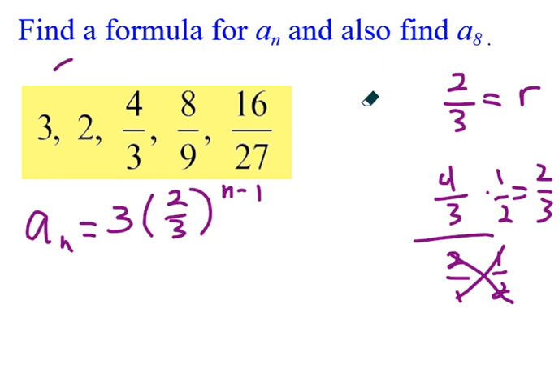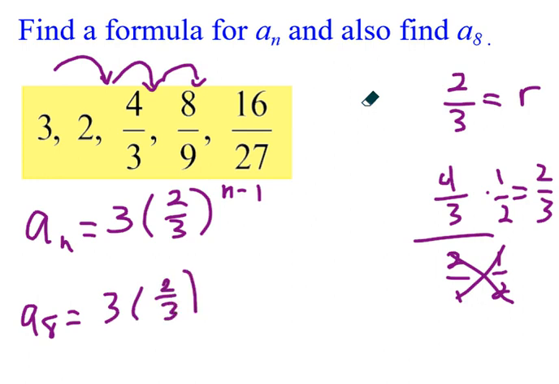When I want the third term, I've multiplied by my ratio twice. When I want the fourth term, I've multiplied by my ratio 3 times. And then again, to find a8, I can just use my formula. 8 minus 1 is going to be 7, so 2/3 to the 7th power. And I can use my calculator to do this.